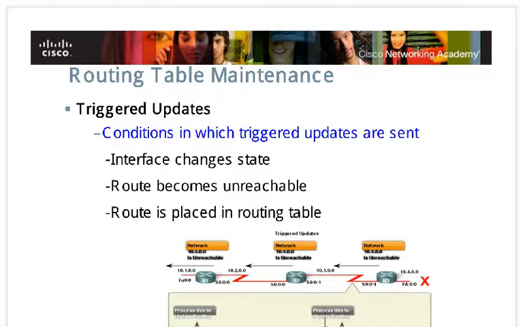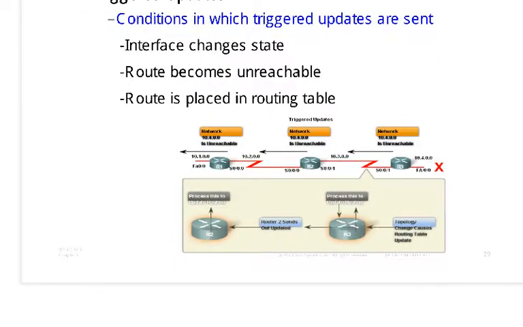Route is placed in the routing table. This is also a change. This triggers a change. If one router receives a triggered update, based on this triggered update, it inserts an entry in the routing table.